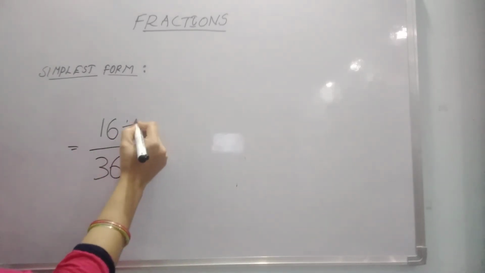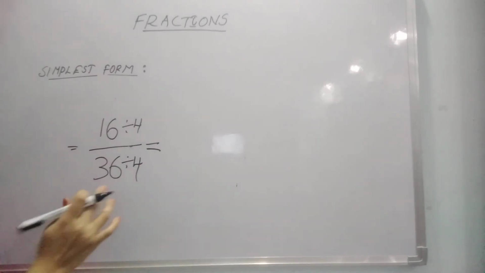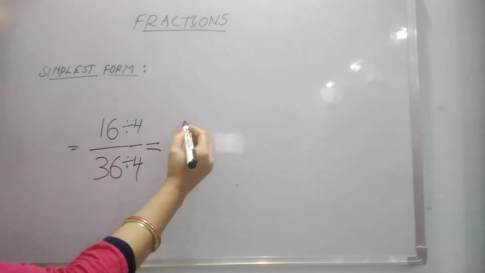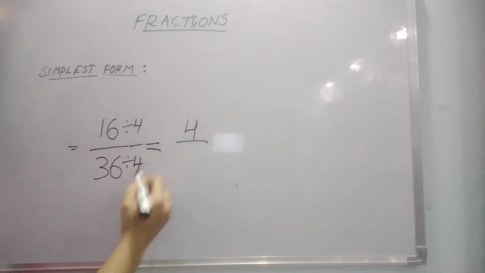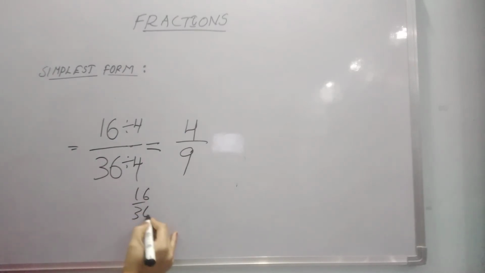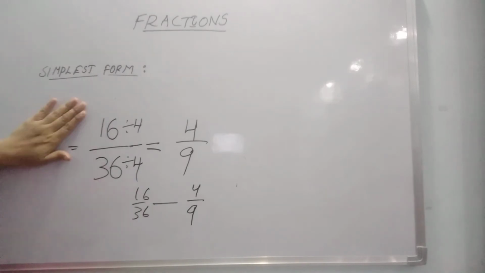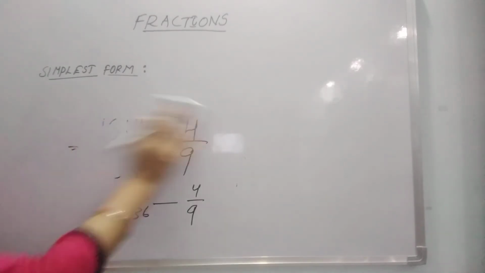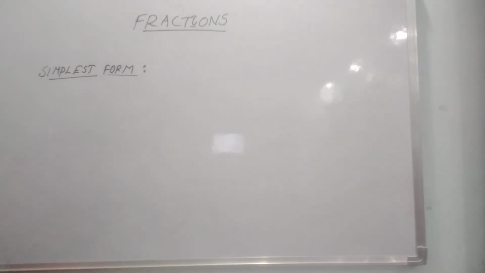If you divide both numerator and denominator by 4, what will you get? 4 4s are 16, 4 9s are 36. The simplest form of 16 by 36 is 4 by 9. This is the simplest form or lowest form of a fraction.